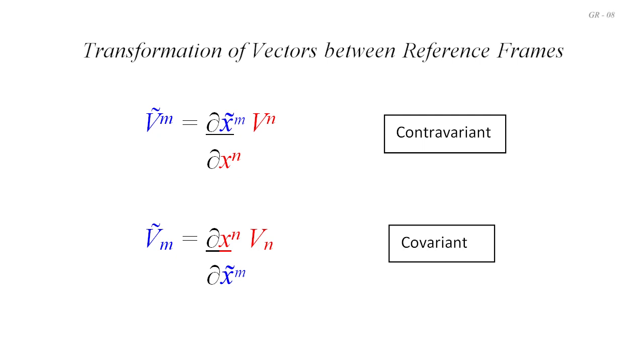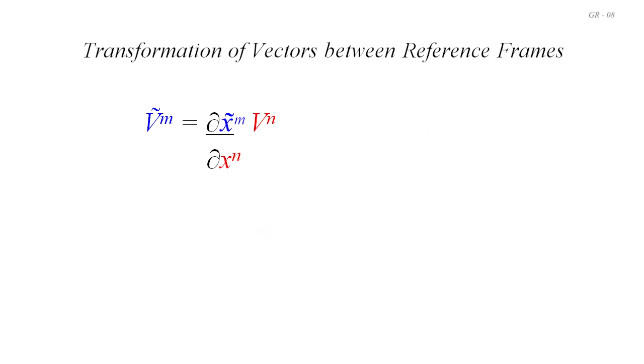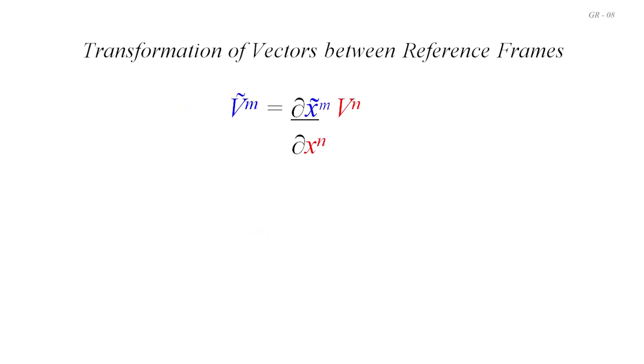Again, before we look at any kind of hint at a proof, let me unpack one of these equations for a two-dimensional space. Take the first equation, the one for converting the contravariant components of V from the red to the blue tilde frame. In 2 dimensions, this represents 2 equations from the m here, and each of them will have 2 terms from the n.